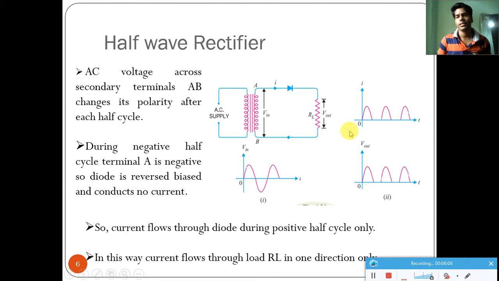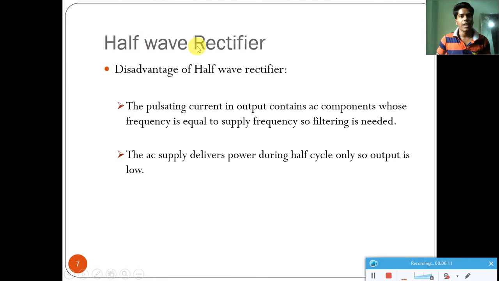Come to the next slide. Now let's see the disadvantages of the half wave rectifier. The pulsating current in the output contains an AC component whose frequency is equal to the supply frequency, so filtering is needed. The frequency of the rectified output is equal to the frequency of the AC input, but we need pure DC.